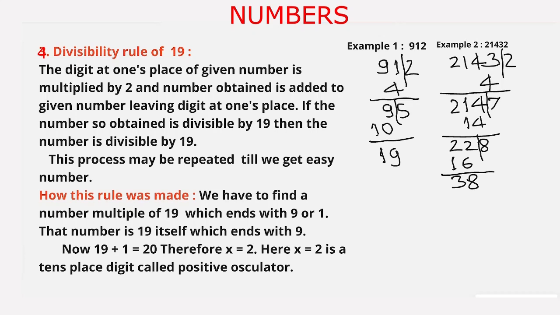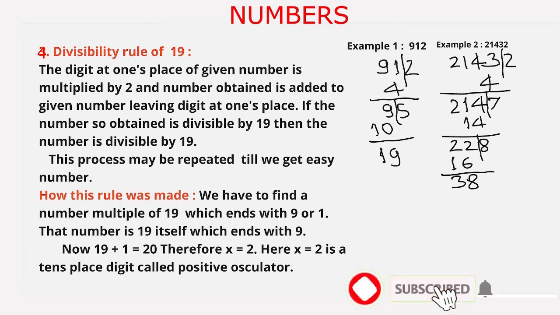So the given number 21432 is divisible by 19. Hope you have understood the divisibility rule of 19 and also how this rule was made.